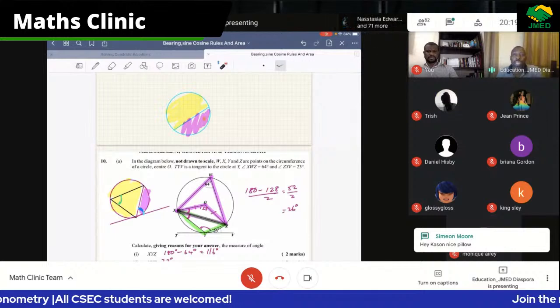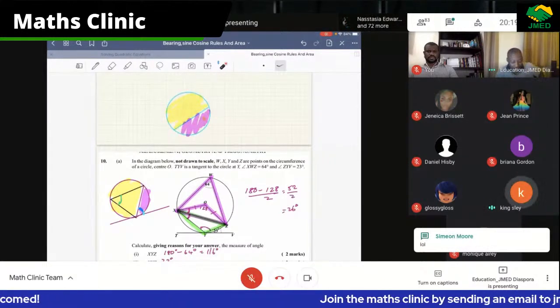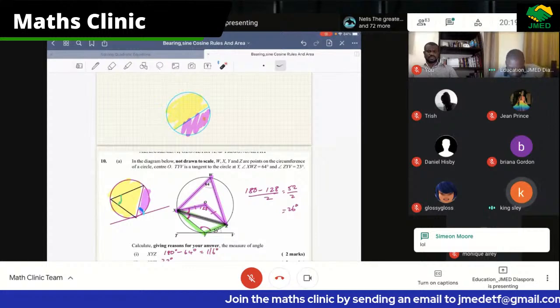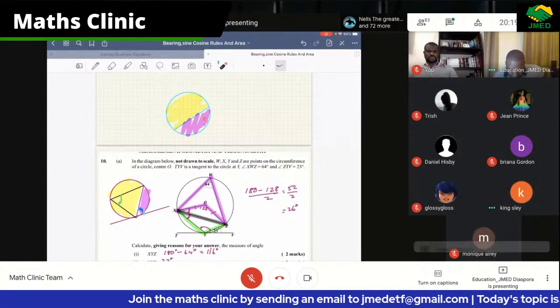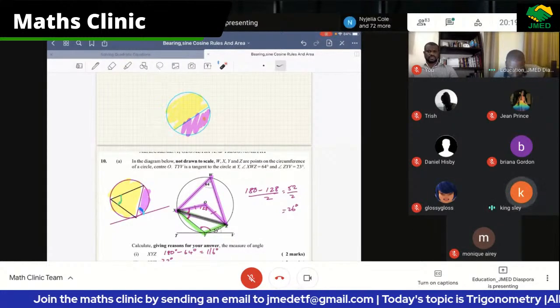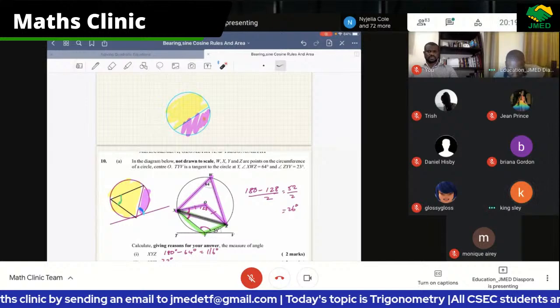Maybe there's an easier way to explain this one. Excuse me, sir. The two segments, the purple one and the minor segment over the yellow one, sir, aren't they the same?